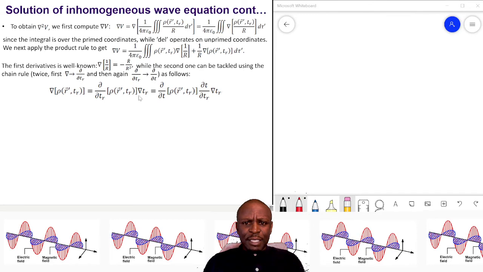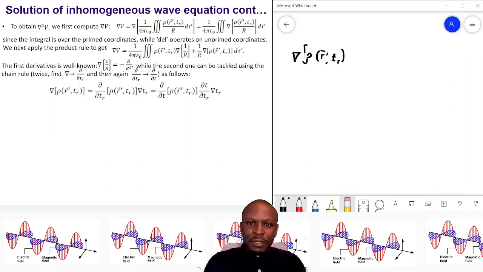Whenever I have this, I can just take the chain rule twice. Okay, let me just do it for you. I'm just going to take this, and in here I have r vector prime, t_R.